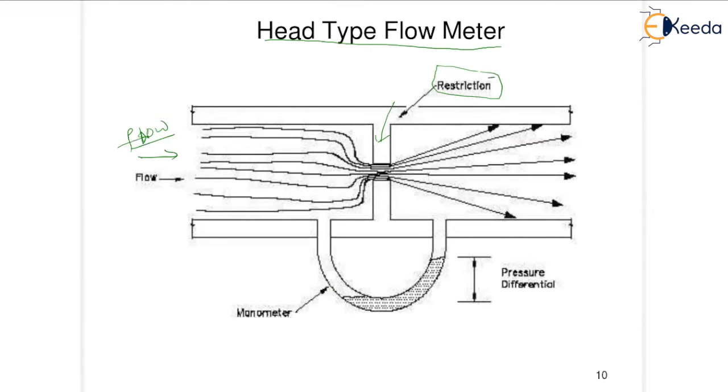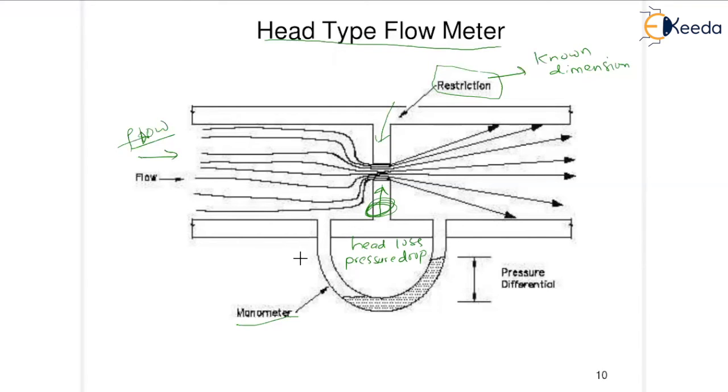At this inserted place, we place a manometer, a pressure differential with a liquid. Due to this, there occurs a head loss or pressure drop at this inserted restriction.